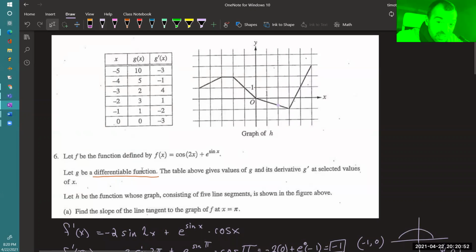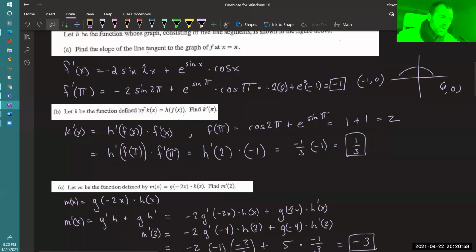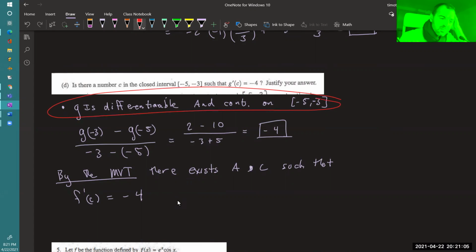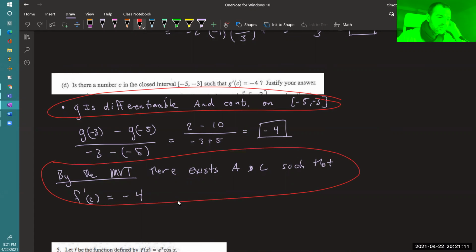Remember, in order to be differentiable, you must first be continuous. So just as a quick reminder, this must be stated. This is your justification in this area. And this is just some calculations that you have to show as well.